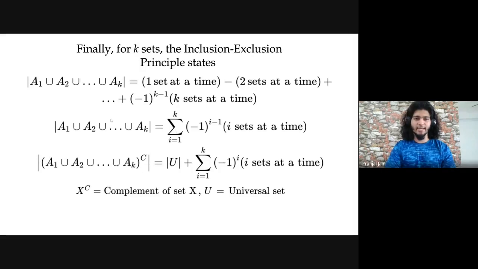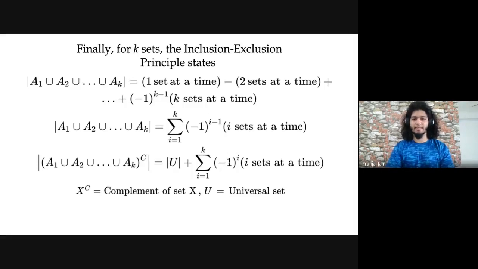So if the size of this union is given by the sum, the size of the complement will be given by the size of the universal set minus the size of this union set. So you can see that there is a plus here and not a minus because that has been taken care of in this exponent right here.